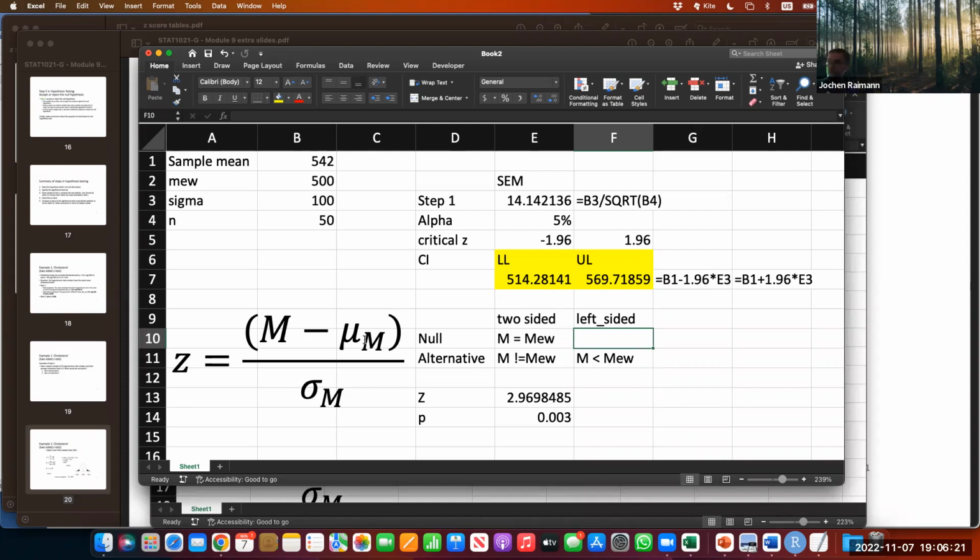If something is unequal, then the null hypothesis is equal. If the direction is that the mean is smaller than the mu, the null hypothesis needs to be the exact opposite. That means the sample mean needs to be larger than or equal to the mu. Yeah. So now how do I calculate this?